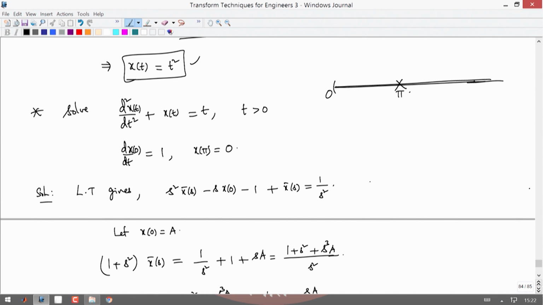So, these are your boundary conditions, not initial conditions alone. Because it is a second order equation, you can give boundary conditions up to the first order.